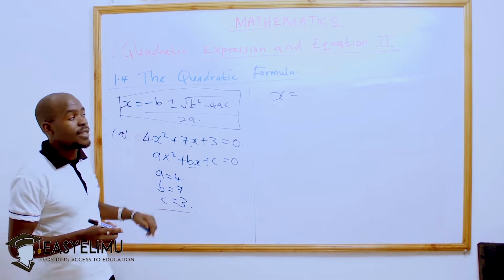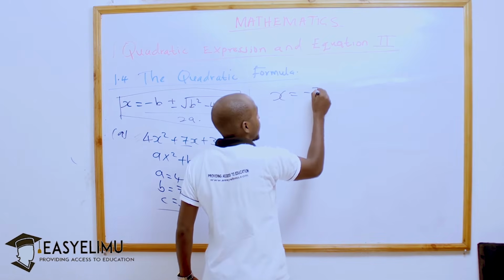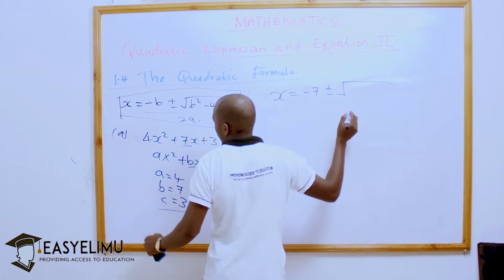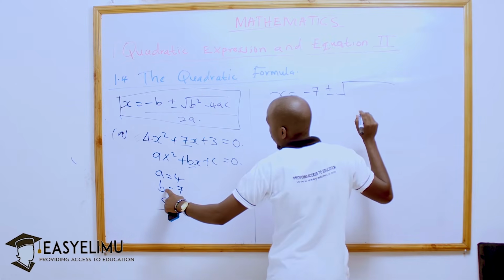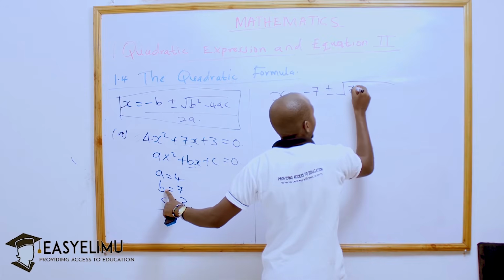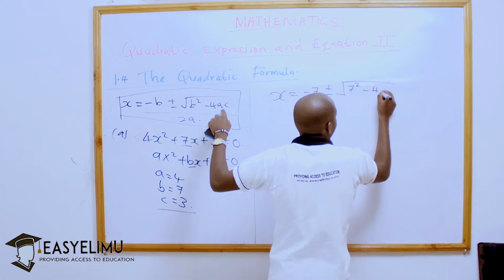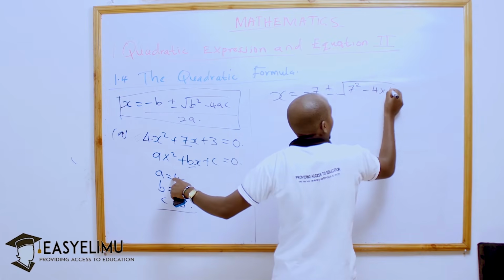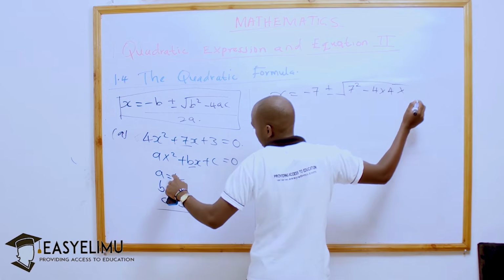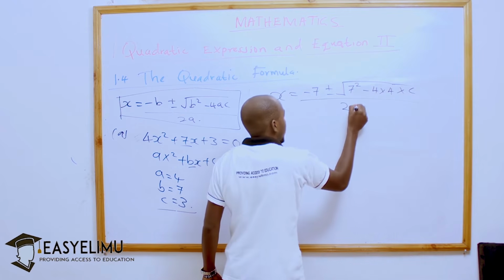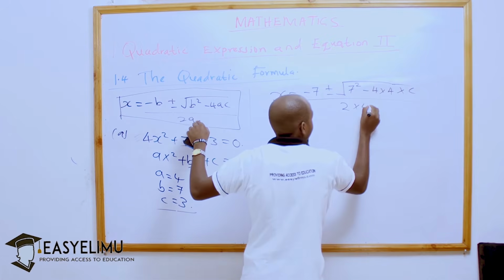Therefore, if we replace, it shall remain negative 7 plus or minus the answer under the square root sign, which is b squared, and b squared is 7 squared, minus 4 multiplied by a, and we have said a is 4, multiplied by c, and c is 3, over 2 multiplied by a, and a is 4.